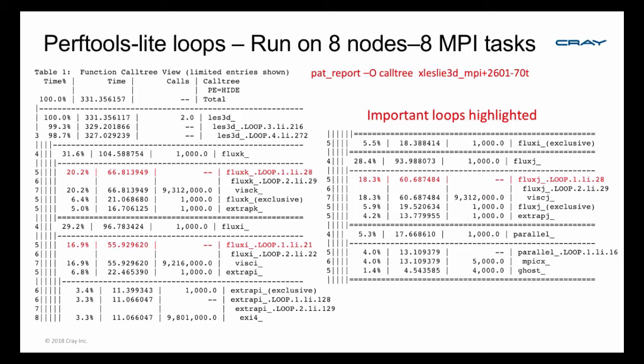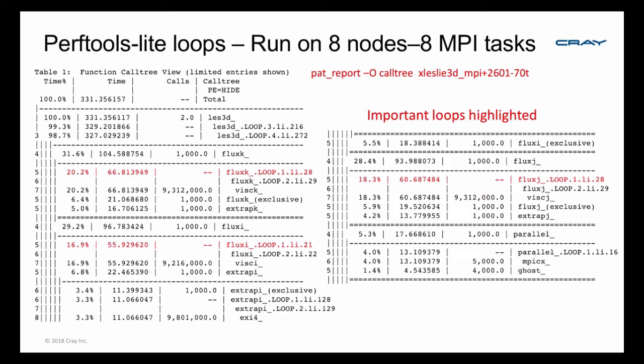So flux K is a pretty important loop. It's using almost a third of the time. And notice that flux I has a similar structure, and flux J has a similar structure. And then finally we have parallel. That actually is where the MPI is called.